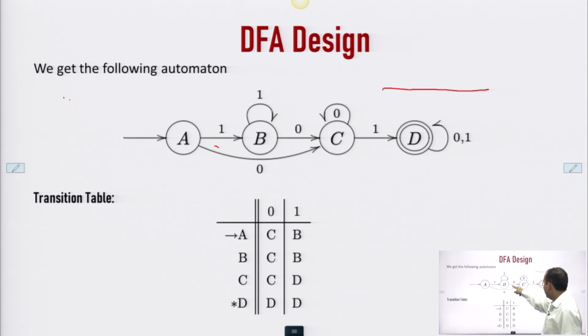In state B, if the input is 0, the transition is to C. If the input is 1, it goes to B, a self loop. In state C, on 0 it goes to C, on 1 it goes to D. D, marked with a star, is the final state, and on 0 and 1 it stays in D. So this is the transition table and the DFA for the language with 0 1 as a substring.